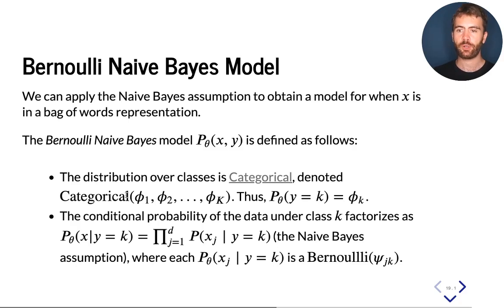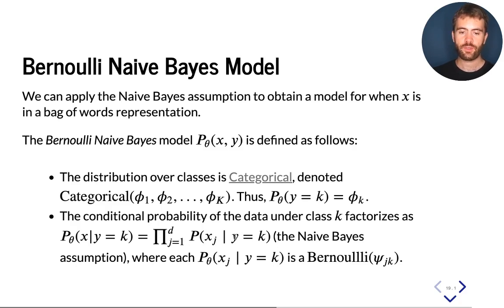So this first part is the same as in Gaussian discriminant analysis. And now for the conditional probability, instead of making it a Gaussian as it was in the Gaussian discriminant analysis algorithm, now this is going to be the following expression, which is a product of Bernoulli distributions.